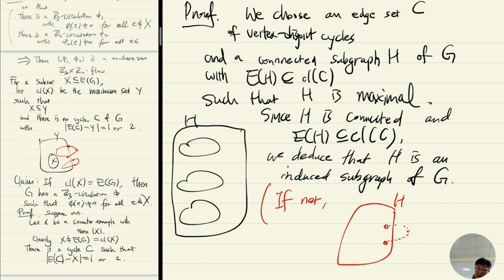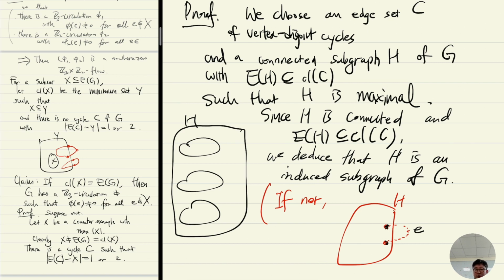Here's an H which is not contained, right? So H is a connected subgraph, and let's say these two vertices are in the same H, but this dotted edge E is not in H. Now, if this is in the closure, then I can easily add E and still maintain connectedness, and that's a contradiction to the maximality. So what's left is to show that this edge E is in the closure.